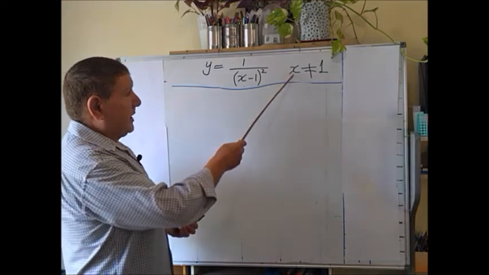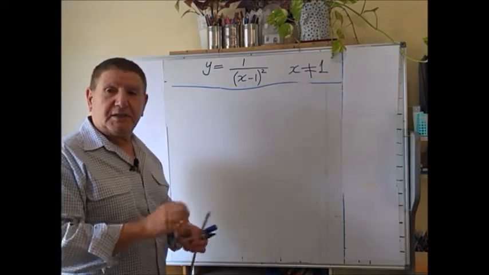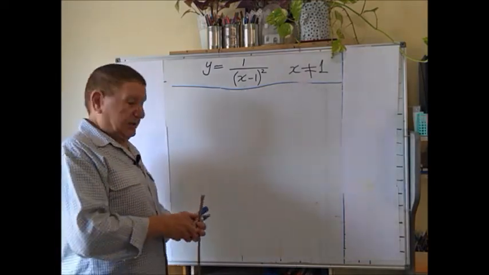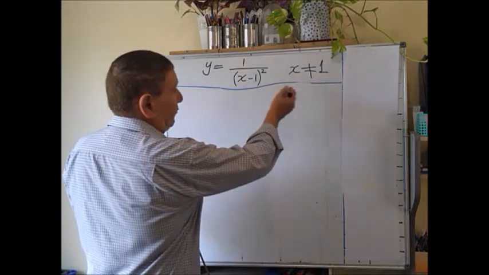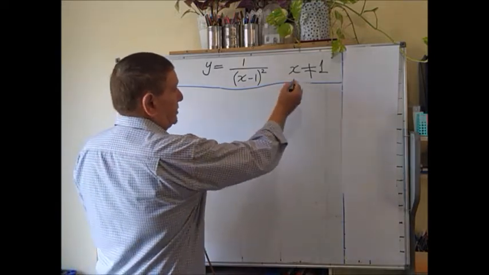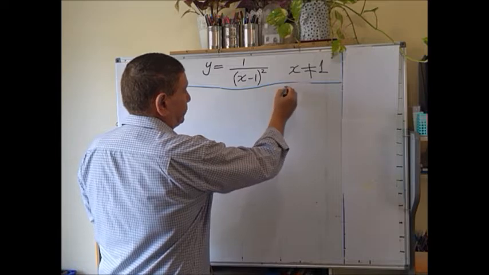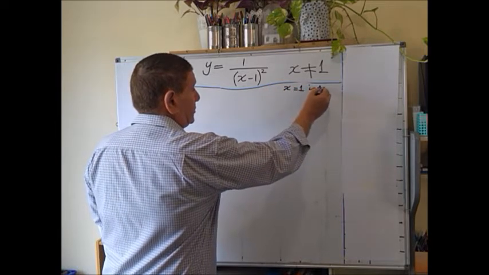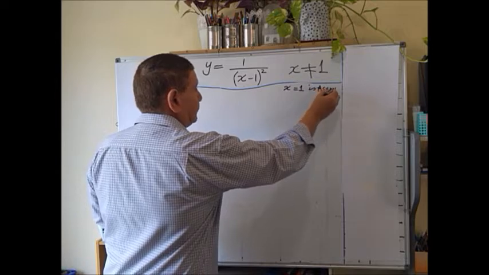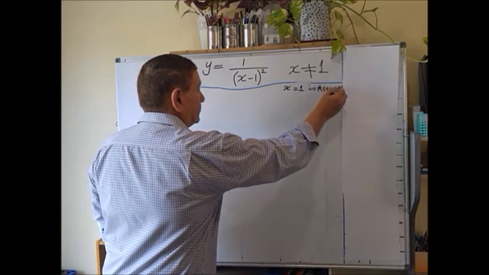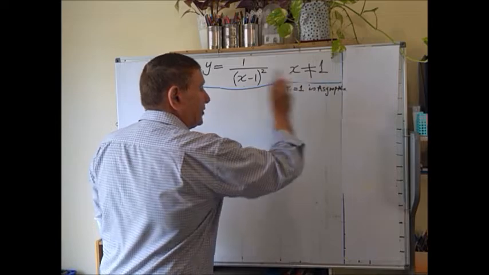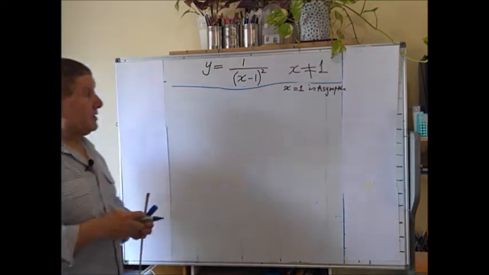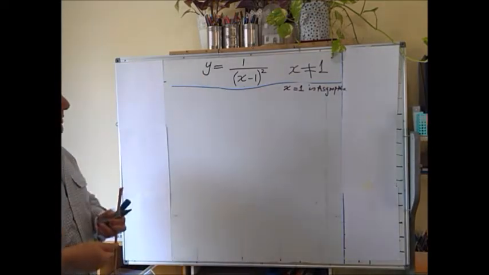So this means x equals 1 must be the asymptote. That is, the graph will not cross it. So x equals 1, we can write, is the asymptote.